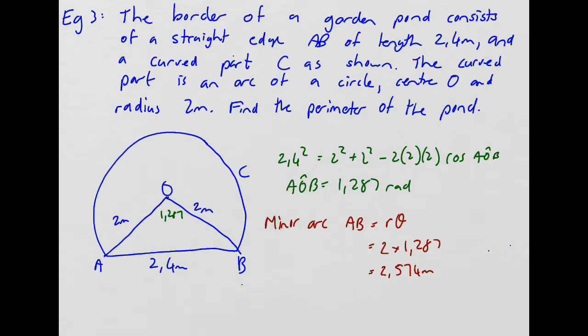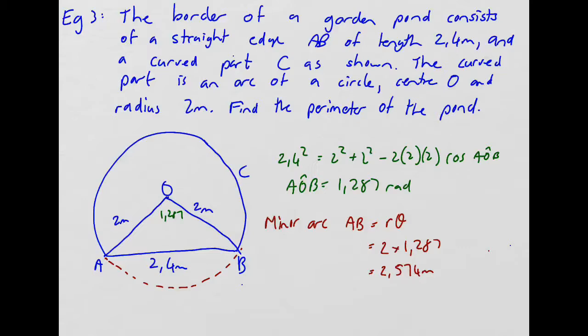Okay, so next, we've worked out that the angle AOB is 1.287 radians, and to work out the minor arc, so the minor arc is what would be here, of AB, is r theta, the radian measure, at least the radius times the radian measure in the center of the circle, which is 1.287.